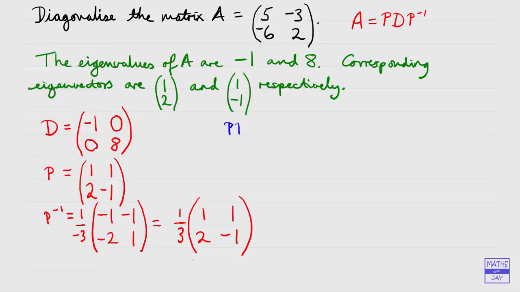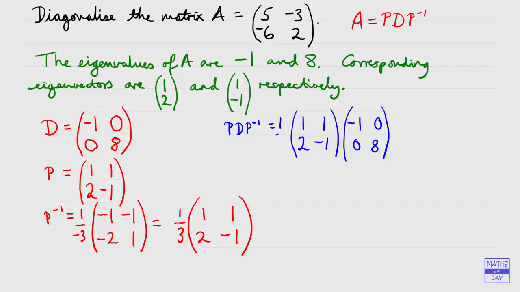So multiplying those three matrices together, we get P, which is 1, 2, 1, -1. Then the diagonal matrix, -1, 0, 0, 8. And then the inverse matrix has got a third outside it, so I'm going to bring that right to the beginning.